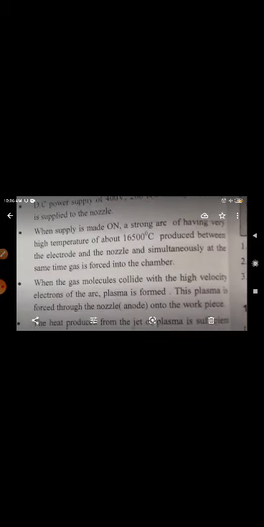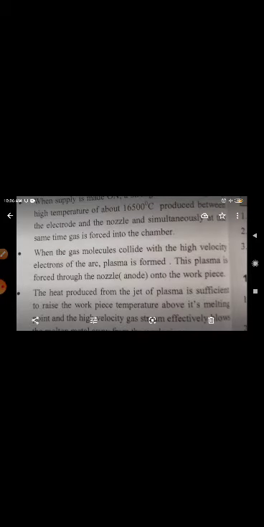When supply is made, a strong arc of very high temperature, about 16,500 degrees Celsius, is produced between the electrode and the nozzle, and at the same time gas is forced into the chamber. When the gas molecules collide with the high velocity electrons of the arc, plasma is formed. This plasma is forced through the nozzle onto the workpiece.